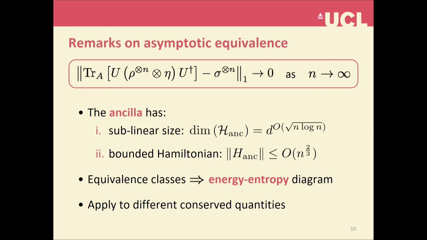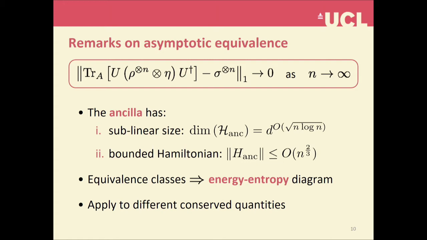Well, because we are working in the asymptotic limit, in the IID limit, and what we are interested in are quantities per single copy of our system. And we don't want the ancilla to give us too much power. Indeed, we would like that in the asymptotic limit, it just gives us a negligible contribution. Having the property to be sublinear in n assures us that the contribution of the ancilla when we consider single copy quantities will be negligible.